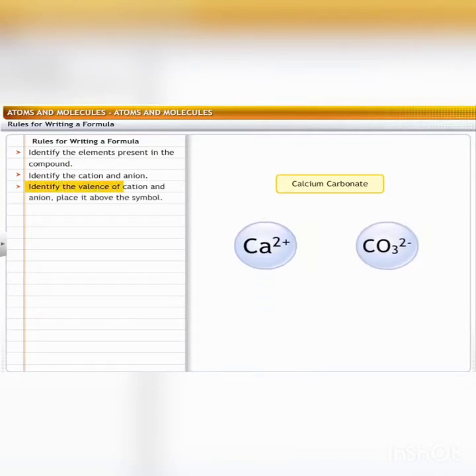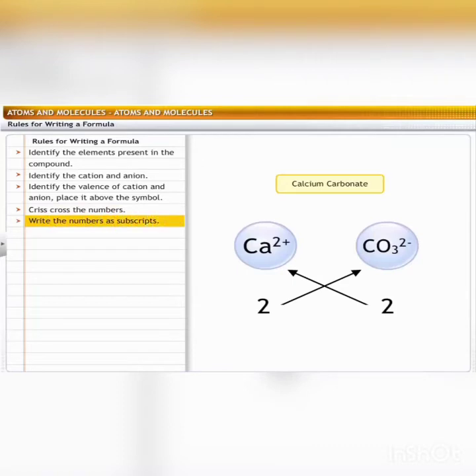Next, you have to identify the valencies of cation and anion. Place it above the symbol. Here you can write the valency of calcium is 2 and the valency of carbonate ion is also 2. After that, you have to cross multiply the valencies. Now write the numbers as subscript after the respective symbols.